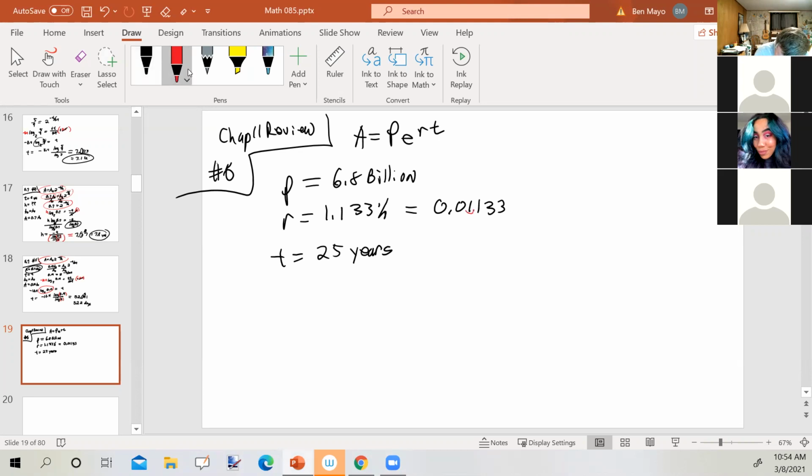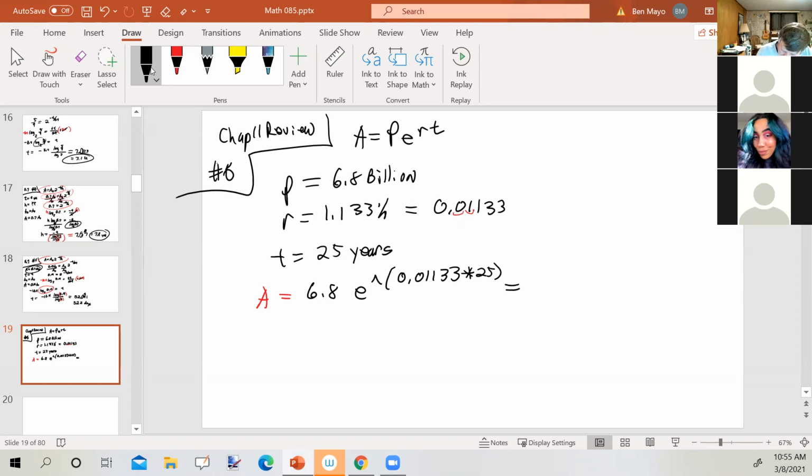So from here, 1, 2, okay? All right, so A equals 6.8 E raised to the 0.01133 times 25, close it up, years, and let's see what that equals.